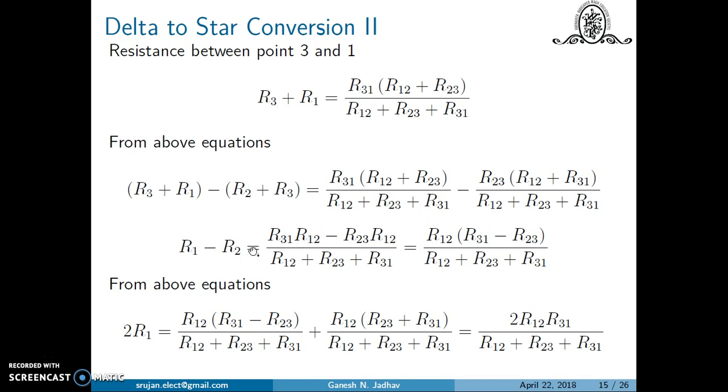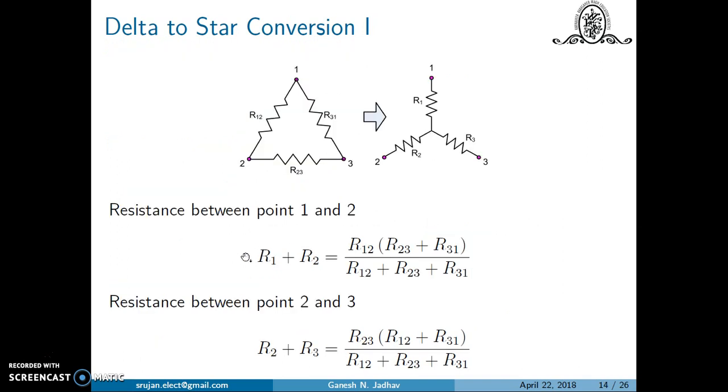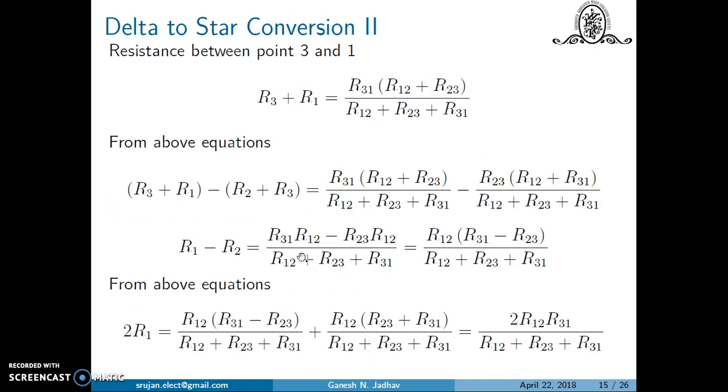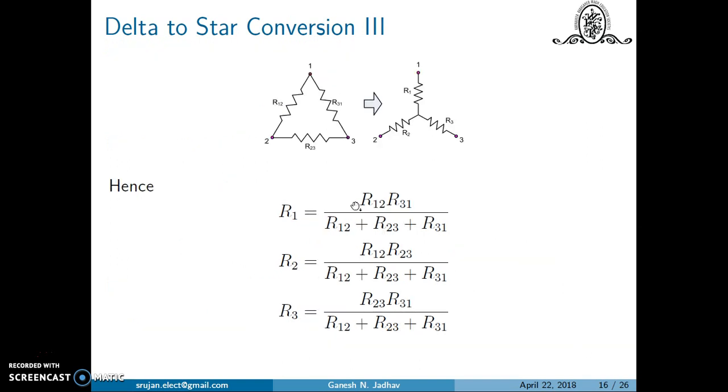As we get R1 minus R2, we add this to equation number 1, so R2 will cancel. We get 2R1 equal to 2 R12 R31 divided by (R12 plus R23 plus R31). The 2 is cancelled on both sides, so R1 is equal to R12 R31 divided by the sum of all resistances in delta, R12 plus R23 plus R31.